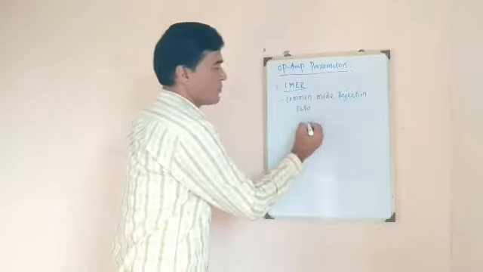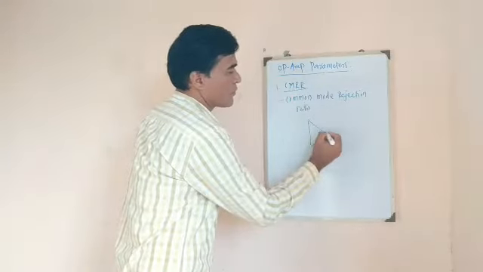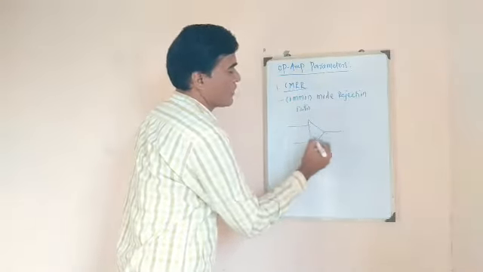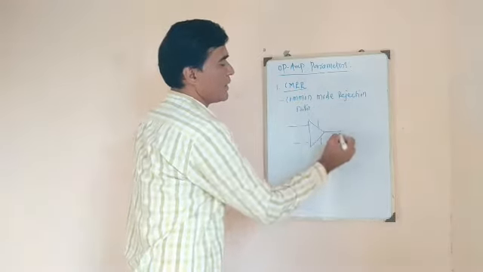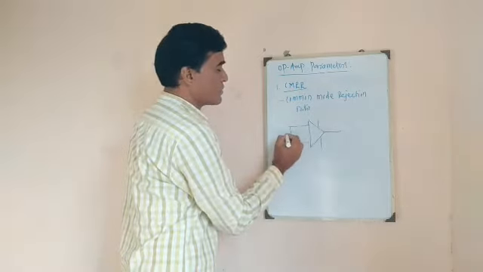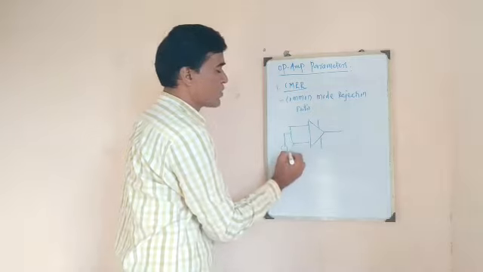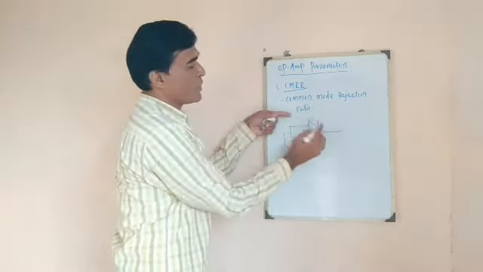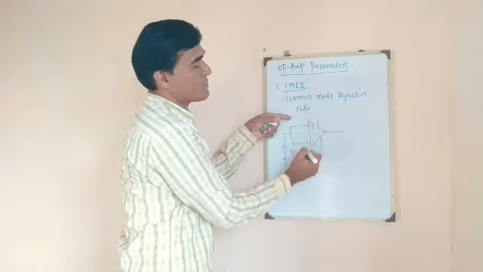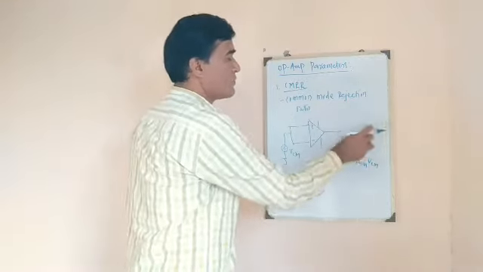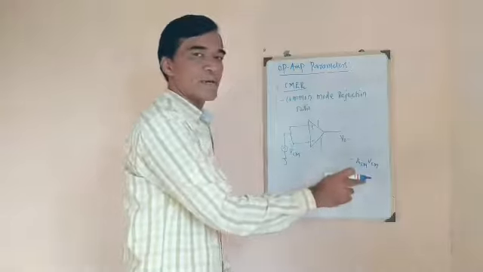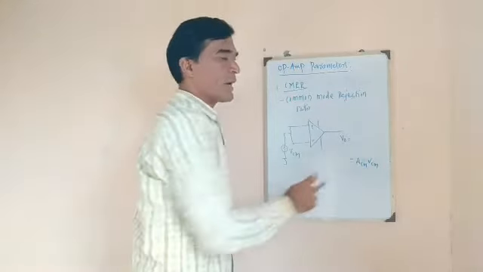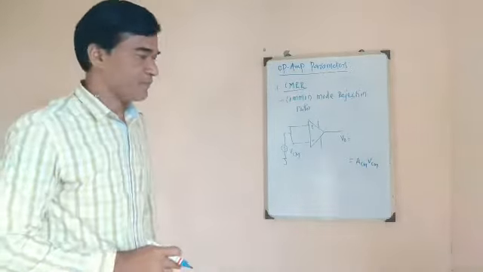Let us assume the op-amp. When I apply a common mode signal, VCM, that is the signal common to the non-inverting as well as inverting terminal, then the output is ACM, where ACM is the common mode gain, multiplied by the common mode input.